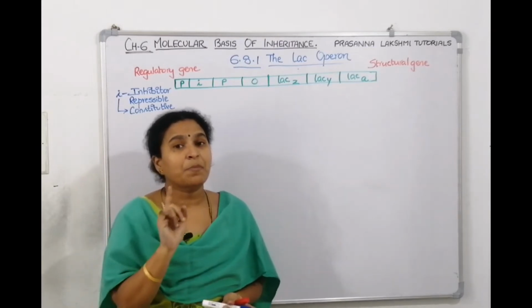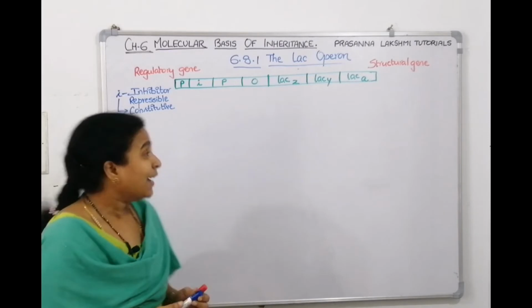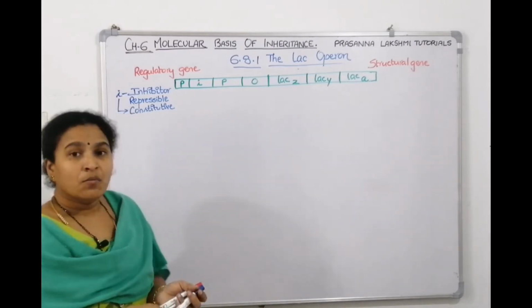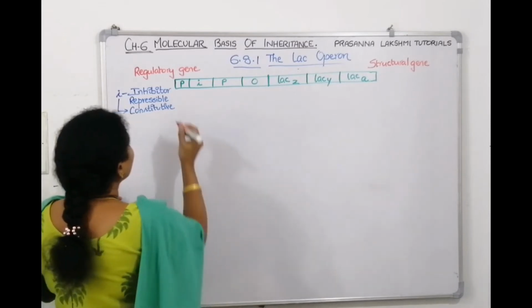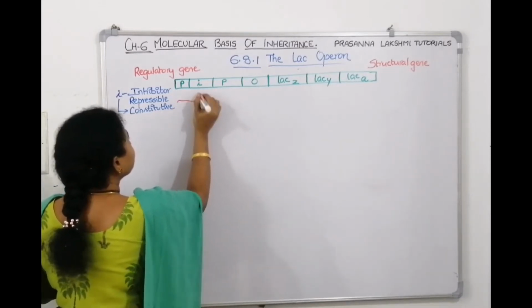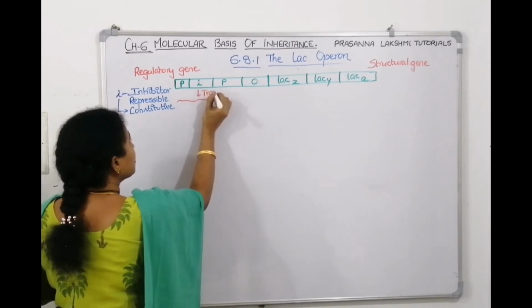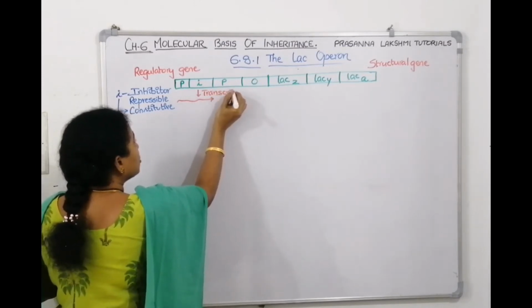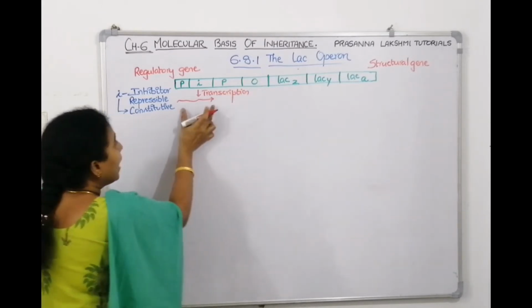Constitutive gene means housekeeping gene. No rest for it. It has to continuously express. That means this I gene will undergo transcription and make an RNA.